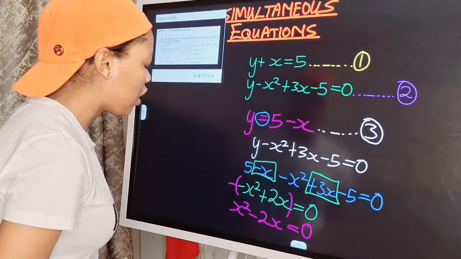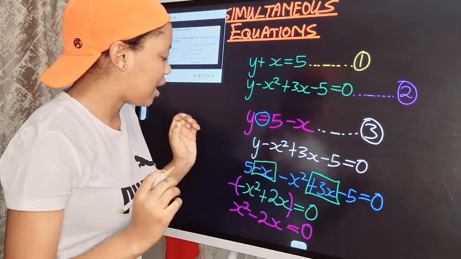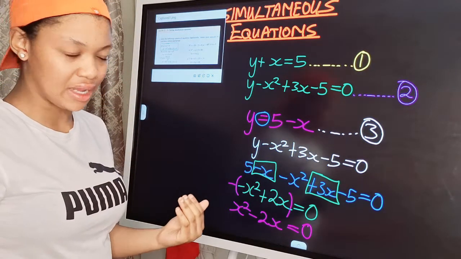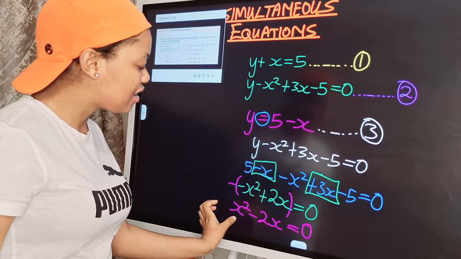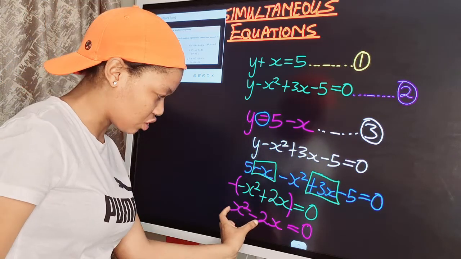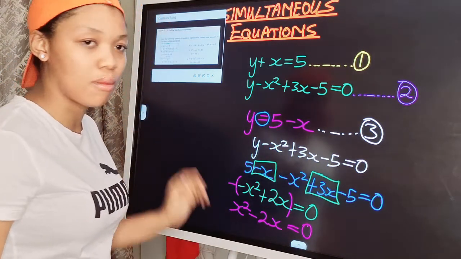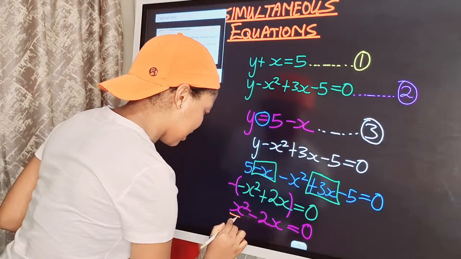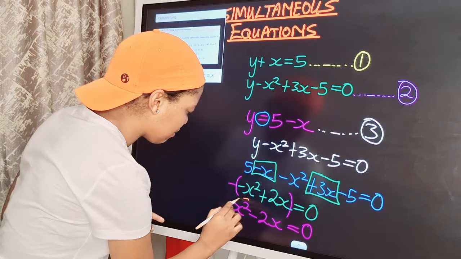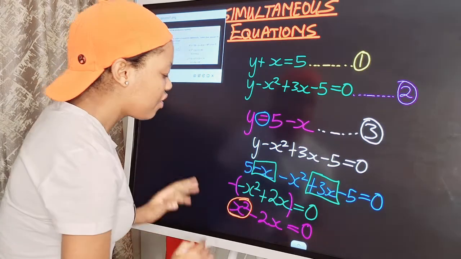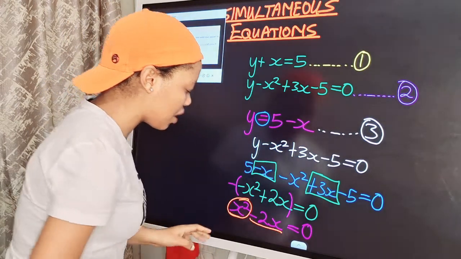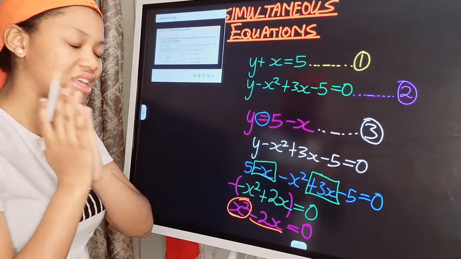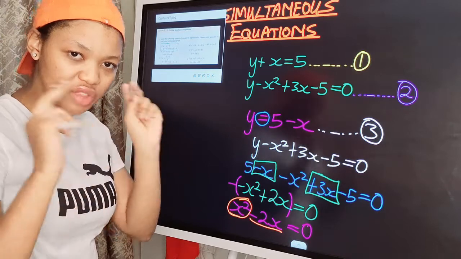Then from here, we're going to do a type of factorization to take out the common factor. In this expression, x squared minus 2x, there is a common factor. What is the common factor? The common factor in this case is x, because term number 1 is x squared, and term number 2 is negative 2x. Both terms have x, meaning x is a common factor because it's in both of the terms.